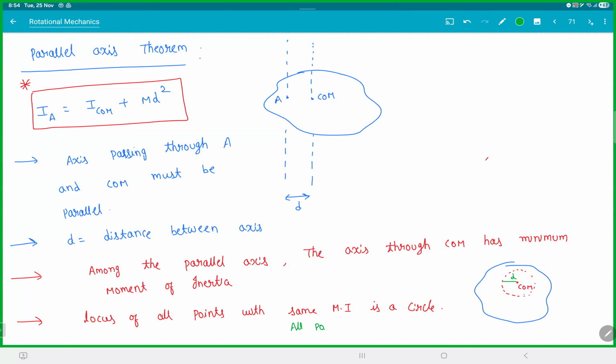Yeah, these are the kind of theoretical questions they can frame. Right? It's a pretty simple theorem. So let me show you a few examples of how to use this.